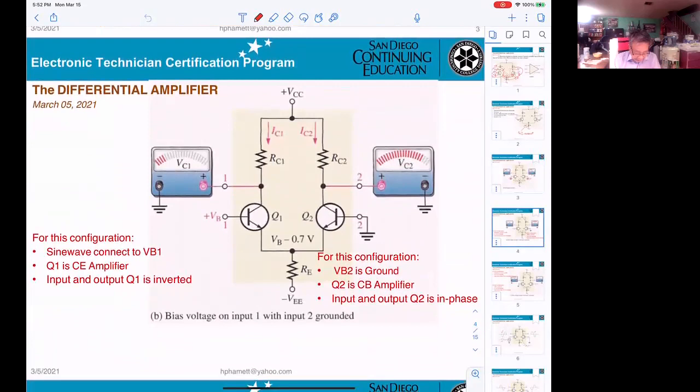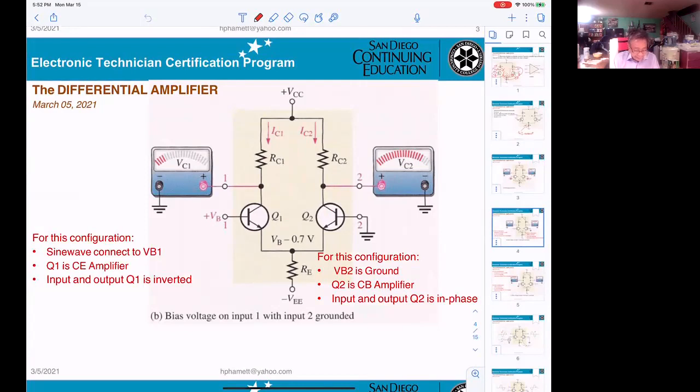Okay, so you can see that sideway connects to the VB1 and also VB Q2 will be routed. So one will be common emitter, the other one will be common base.